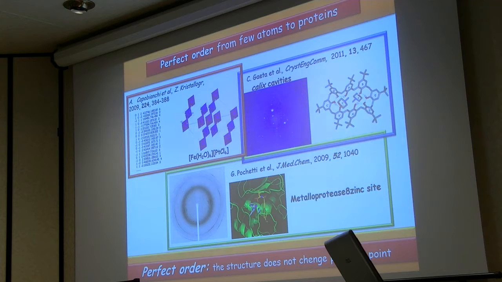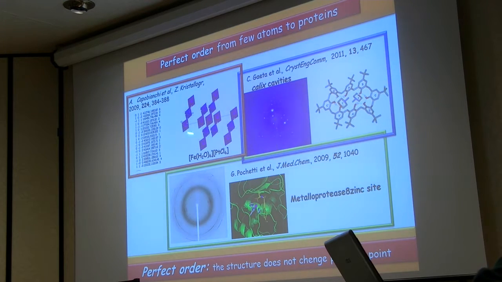One of the main goals of crystallography is the structure solution, and nowadays this is done in an automatic way. You just put into your software package a list of measured Bragg reflections, and the software gives you the structure.